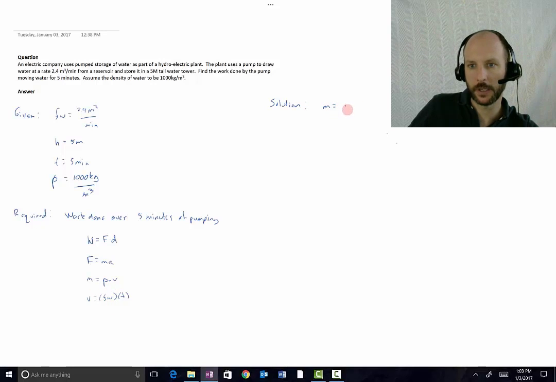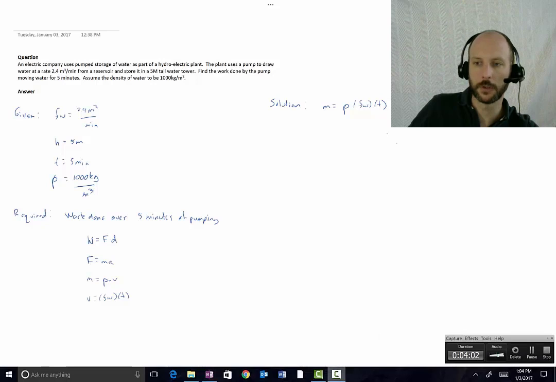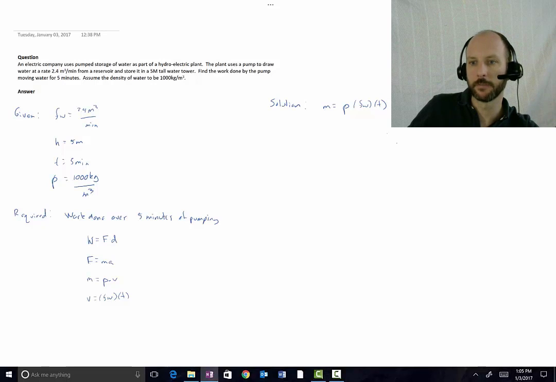So let's start by calculating the mass required. We can do that in one step by multiplying density times flow rate times time. That's 1,000 kilograms per cubic meter density of water. We were told that the pump was delivering water at a rate of 2.4 cubic meters per minute, and this was over a time period of 5 minutes.